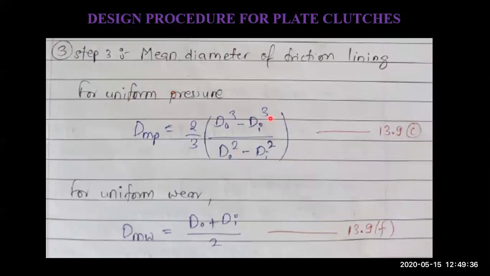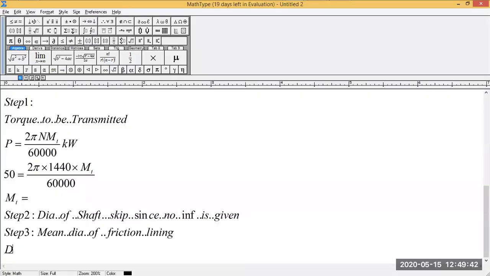We need to use this formula here for uniform pressure. So it's DMP, the mean diameter for considering uniform pressure.